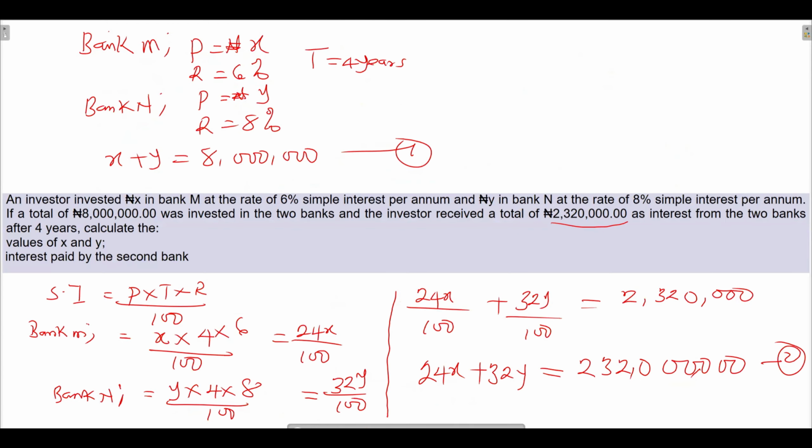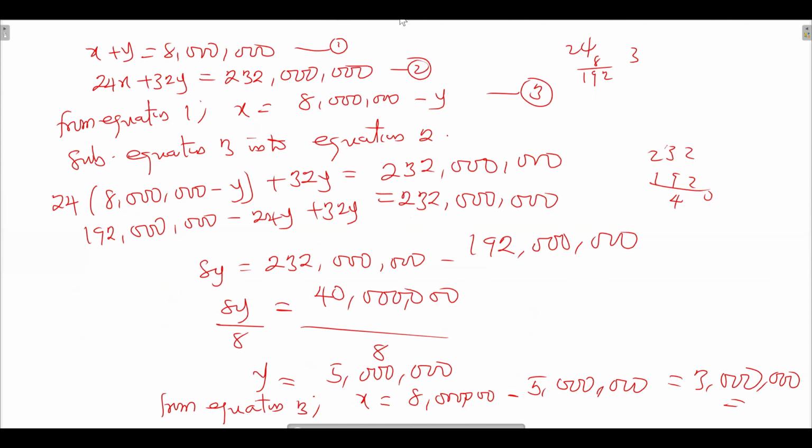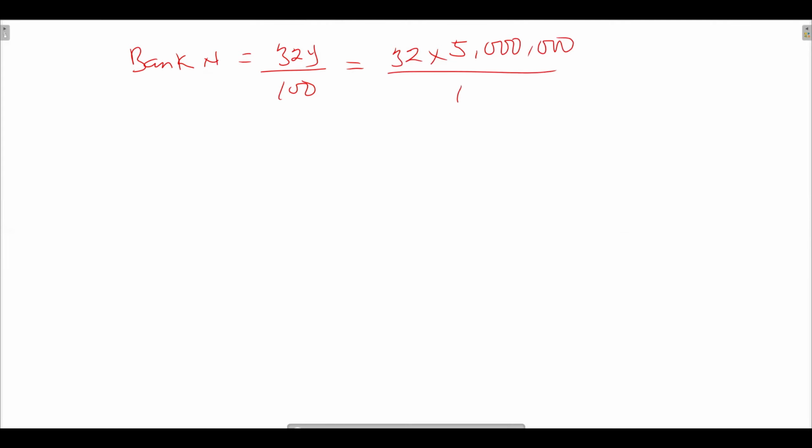That's the value. Interest paid by the second bank. The second bank is bank N, and the interest is 32y over 100. Don't forget y is 5 million. So the interest in the second bank is 32 times y, which is 5 million, divided by 100.